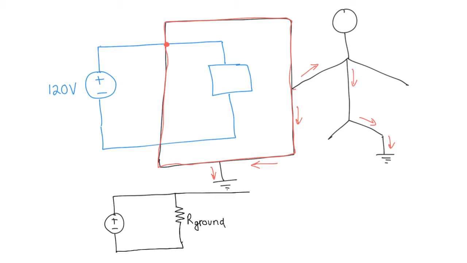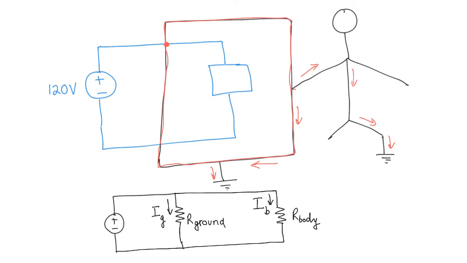And then there is another path for the current to flow through the human being. Let's call that resistance R body. Associated with this, there's going to be a current flowing through the human body to the ground, let's call it IB.